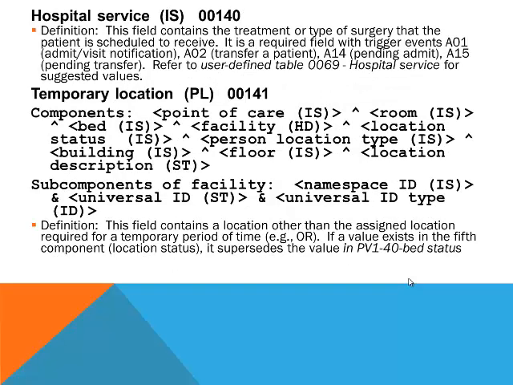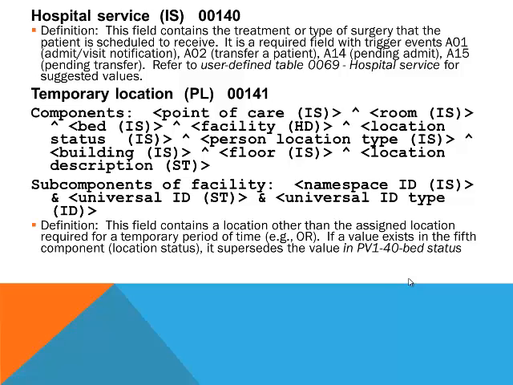Let's talk about the hospital service field. In fact, this field is used to contain the treatment or type of surgery that the patient is scheduled to receive. If the trigger event is A01, A02, A14, A15, generally this field will be required.